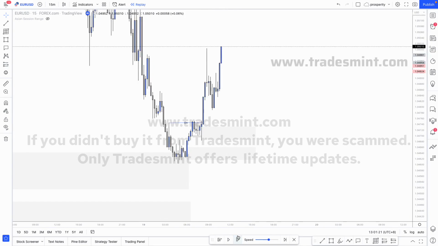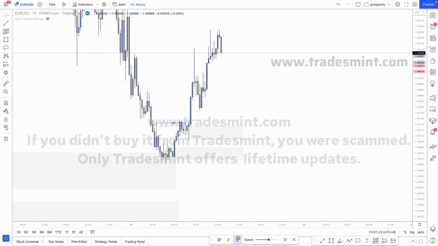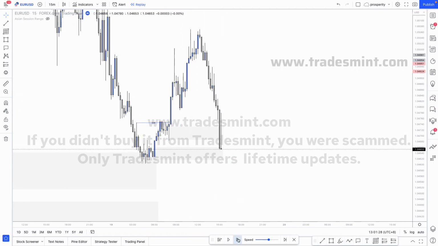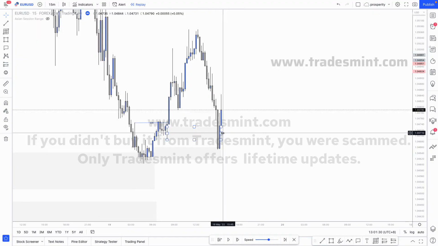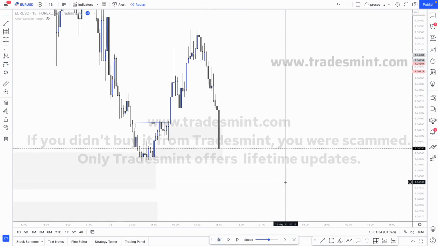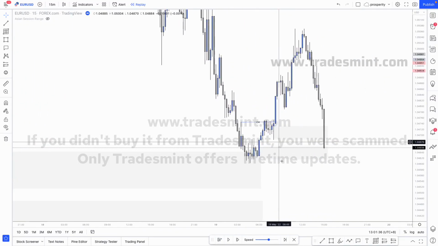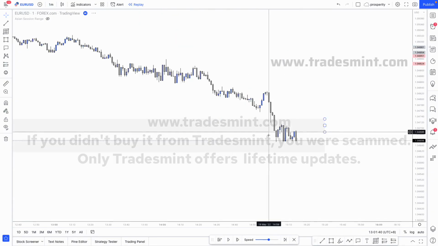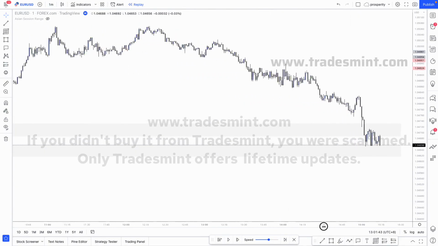So price just rockets off, builds more resting liquidity down here, comes back down, runs straight through. Let me just pull that back. As you can see, as it approaches the zone right here, it just runs straight through. There is no entry criteria that would have met what we need in this level.